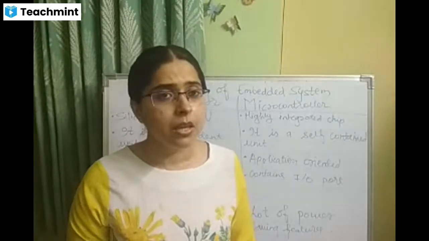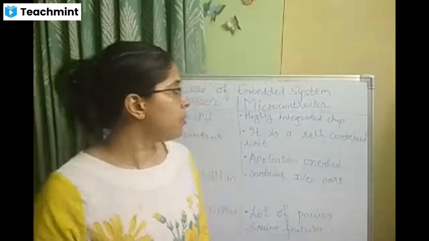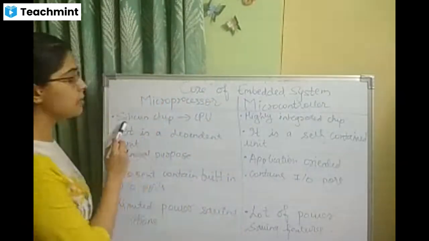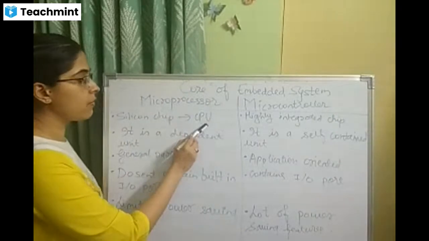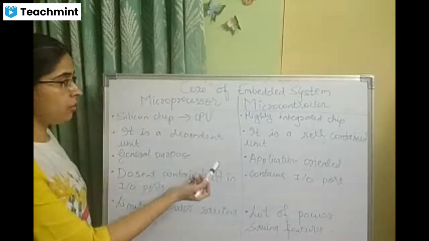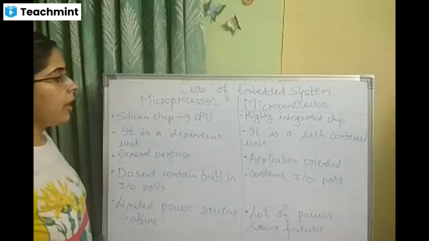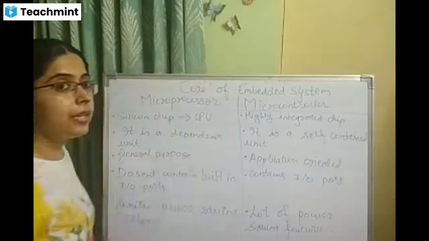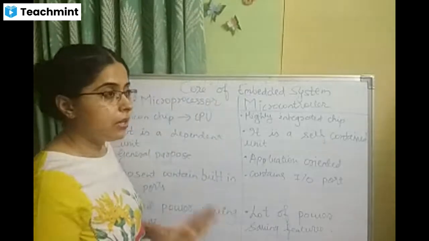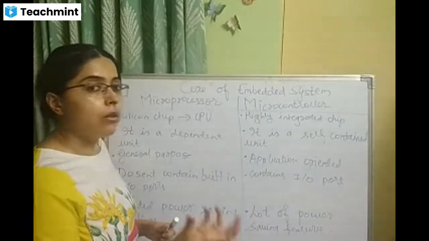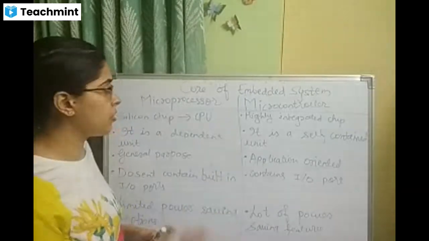Now we will see the differences between the microprocessor and a microcontroller. A microprocessor is a silicon chip. It consists of the CPU and other additional units, as I already told. A microcontroller is a highly integrated chip. It contains the combination of RAM, ROM, interrupt controller, timer and other circuits on a single chip.